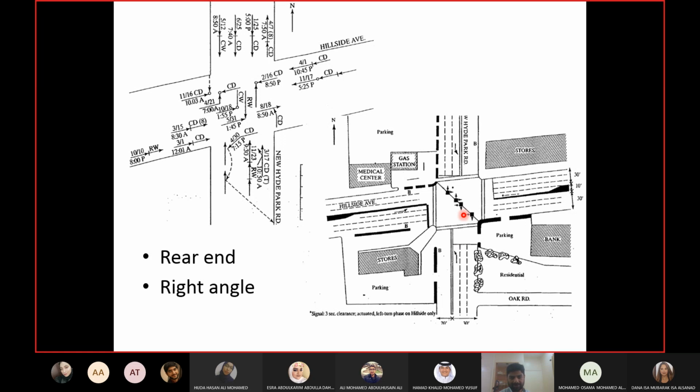Now, for this intersection, we discussed rear end as well as right angle. In both cases, you saw the reasons of accidents included the position of the stop line and these exits. So if you want to decrease both types of accidents, the more convenient solution seems to be to block these exits and make them from somewhere else.